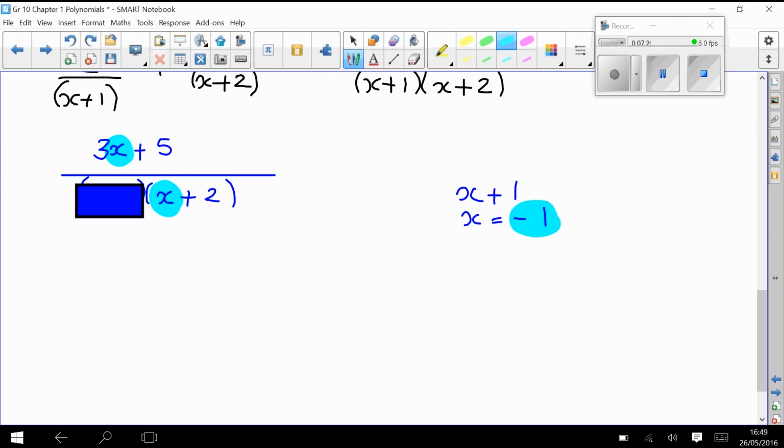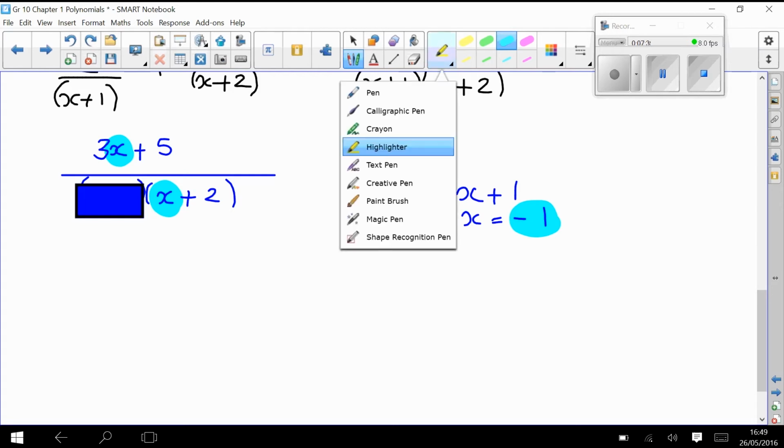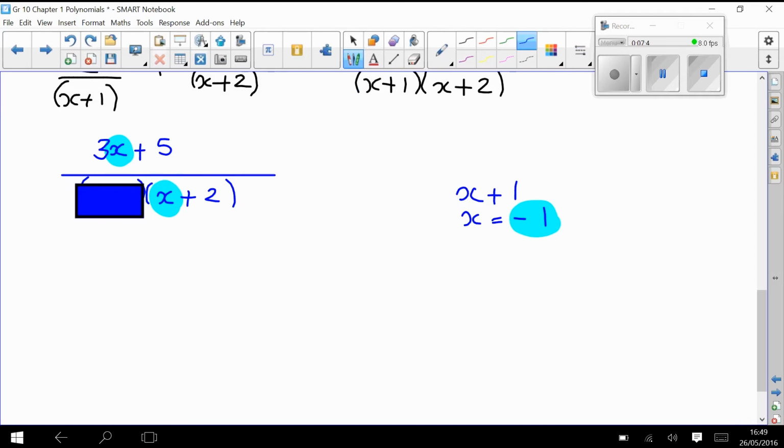Now 3 times minus 1 is minus 3, plus 5 is 2, and minus 1 plus 2 is 1. So it stands to reason that the answer that I get after I've covered up is going to be the number 2, and that number 2 is over the covered up factor.